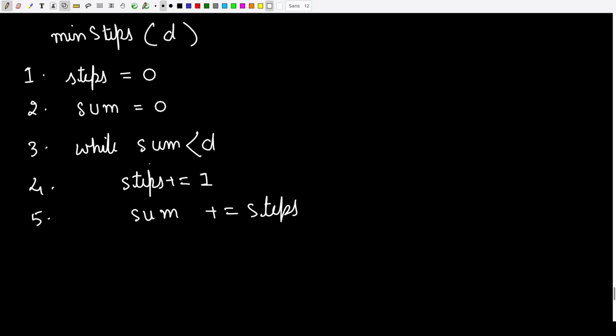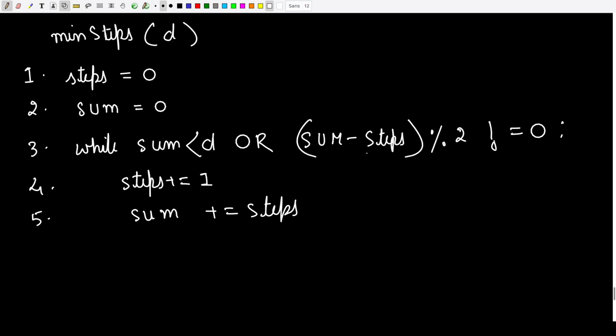And once sum exceeds D, then we have to check for even cases. Then we are going to iterate on steps till sum minus D is an even number. So let us say at the nth step, the difference between sum and D becomes an even number, then we are going to return steps, which is n.